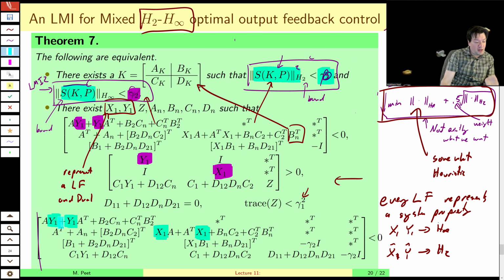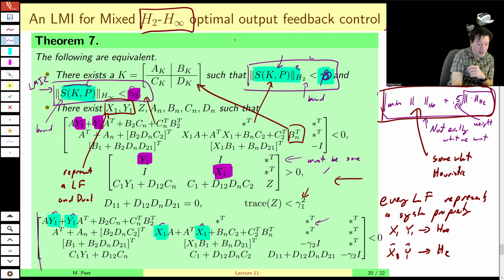However, in this LMI, we can't use different variables. We can't just say this is x hat, y hat, and this is x, y. We can't use different variables for each LMI. Why not? So there must be the same x1, y1 for the H-infinity and the H2 LMI.